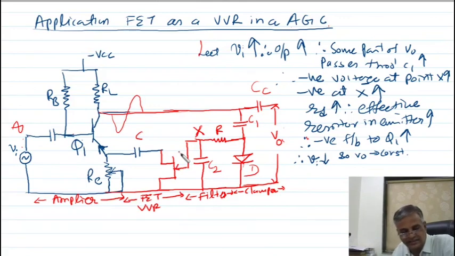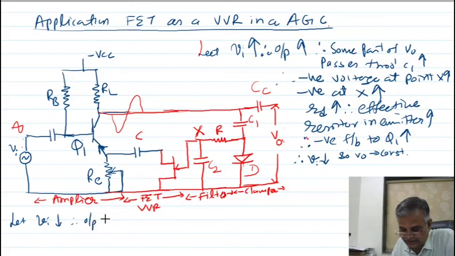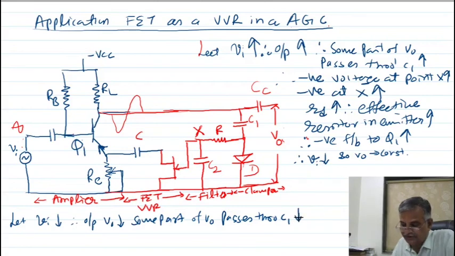In reverse, you can think in this direction. Let Vi decrease, therefore the output decreases. Some part of VO passes through C1 and decreases.